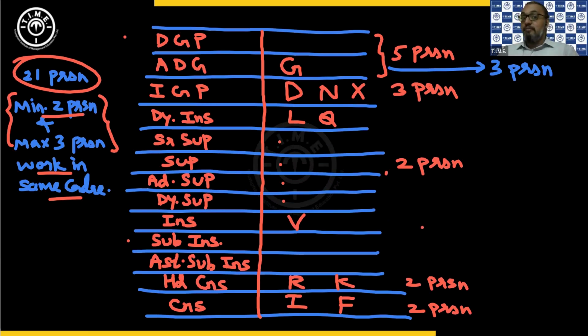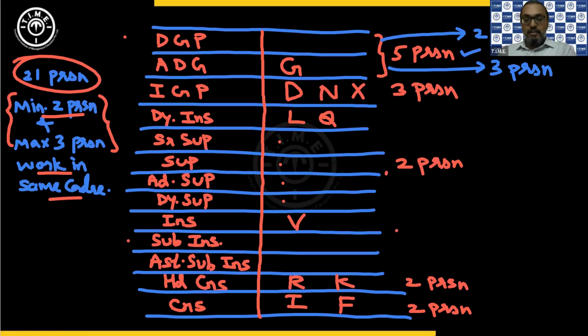I cannot take 1 person. Using the minimum limit, superintendent has 2 people, then ADG has 3 persons. Now if ADG has 3 persons, then I can say that DGB has 2 persons. Then only can I have a total of 5 persons.